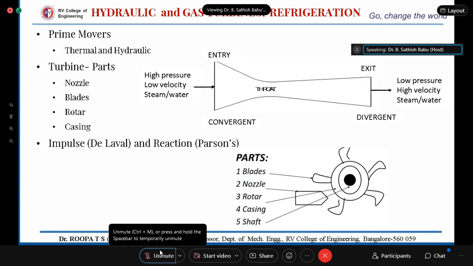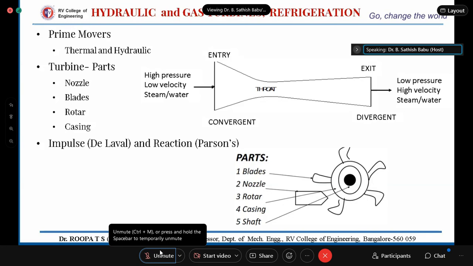All of you cannot run through the door or pass through the door at one shot, isn't it? So there will be crowd. So the pressure increases and velocity will be low, because you cannot run in that region because the crowd is more. So near the door, the pressure will be more, velocity will be less. As soon as you cross the door, as soon as you step out of the classroom, you can move in any direction.